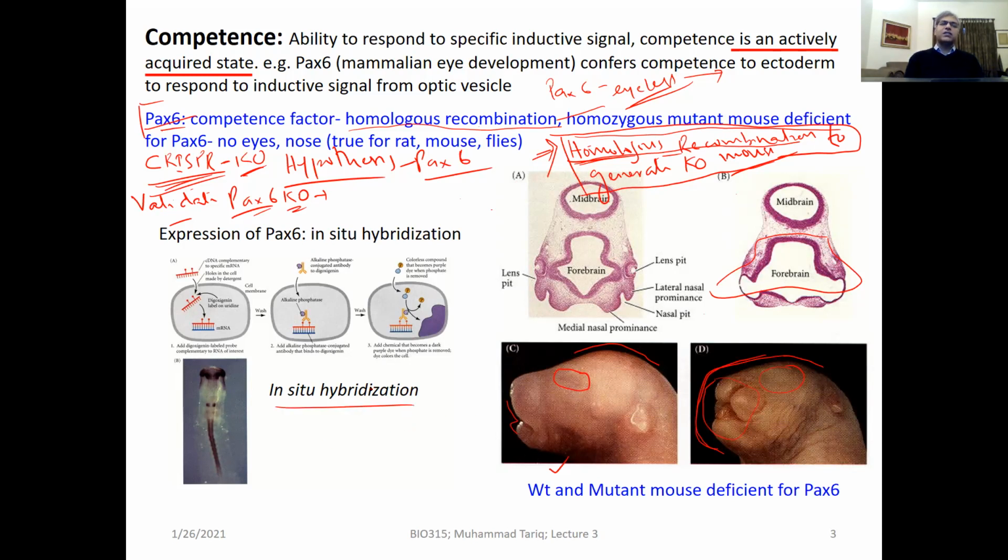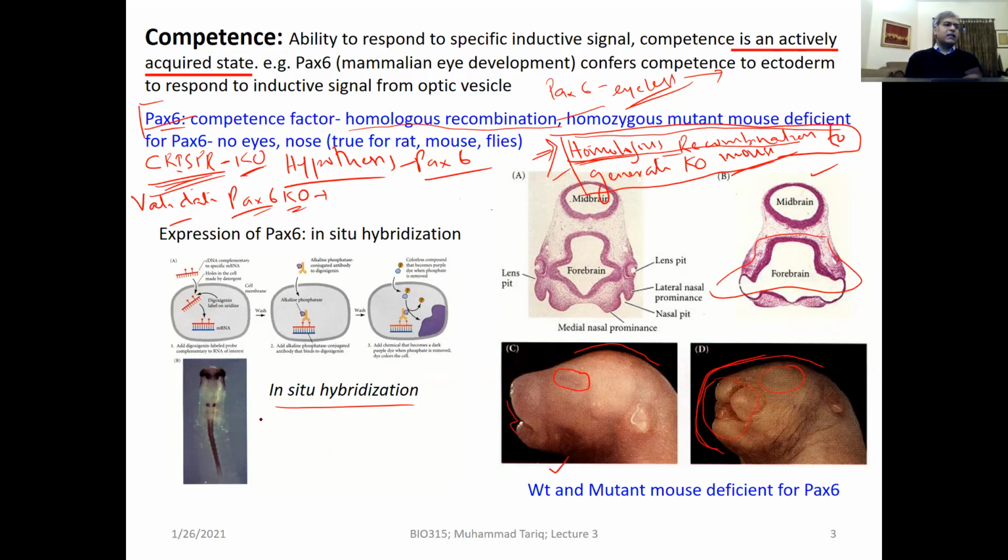In situ hybridization is basically where you prepare tissue. In this case, for example, you have brain slices or mouse slices.